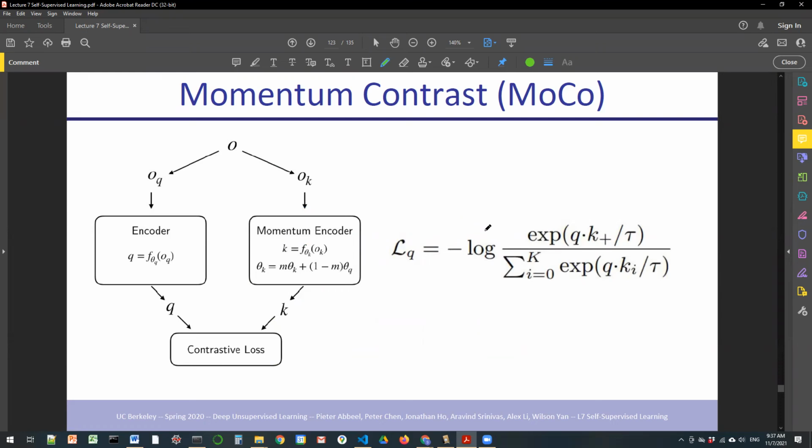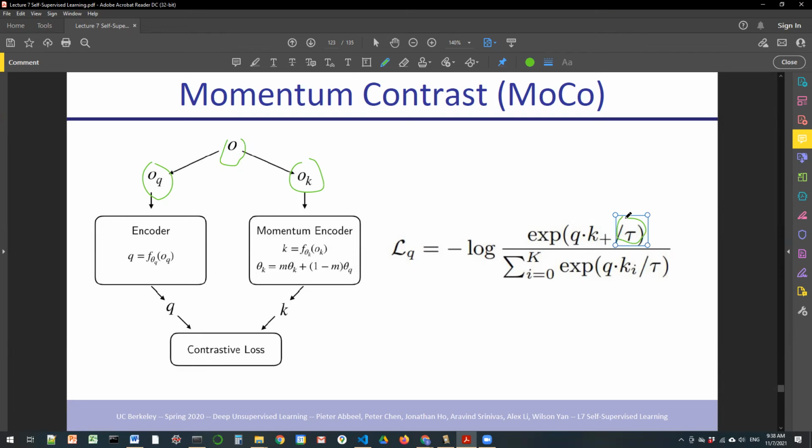So if you have image O, you perform one kind of augmentation to get the query, and you perform another augmentation to get the key. You saw the dog images, and you extract the color from the dog, and you may have the key and the query go through some encoder, and we'll, again, talk about the momentum encoder in a minute, and then apply the contrastive loss on top and use the temperatured softmax.